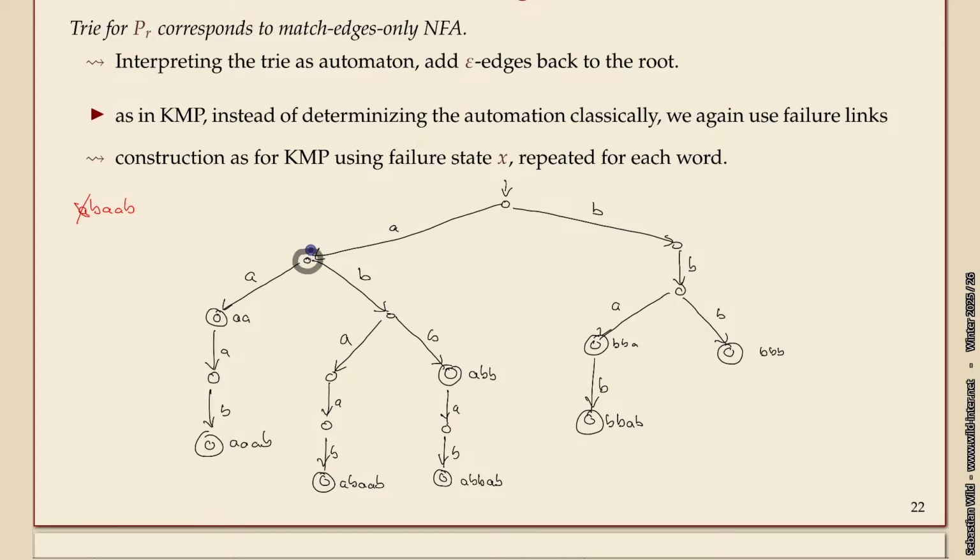So I'm starting at the root. Now I read an A. That's the part I only do with the blue. Now red is still at the root because it starts with one letter later. Now, where do I put the failure link from the blue pointer here? Well, to the red. And indeed, from the first level, they will always have to go back to the root. There's nothing else you can do.